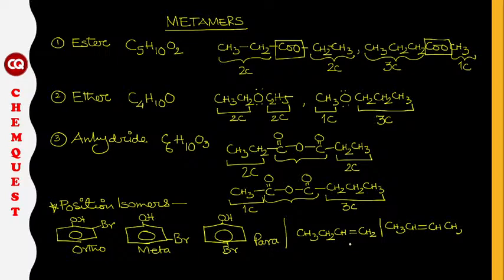It is in number 1 position in one and number 2 position in the other. These are also known as position isomers. Metamers, functional isomers and position isomers are the different types of isomers we have already discussed, and these are the main examples of isomers.